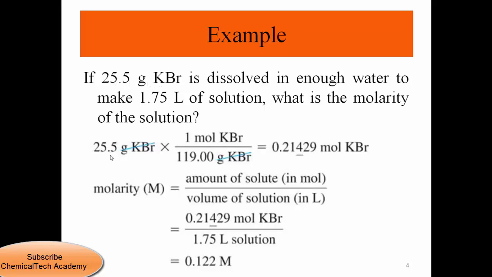So first we need to divide by the molecular weight of KBr to find the number of moles, which is 0.21429 mole KBr. Then 0.21429 per 1.75 liters gives us the molarity, which is 0.122 molar.